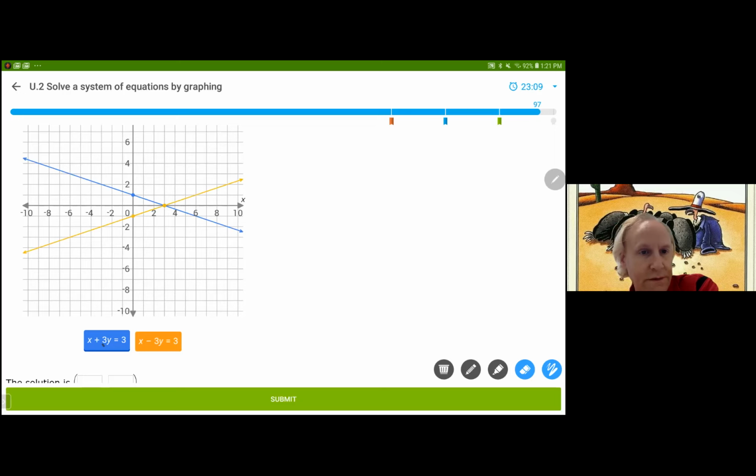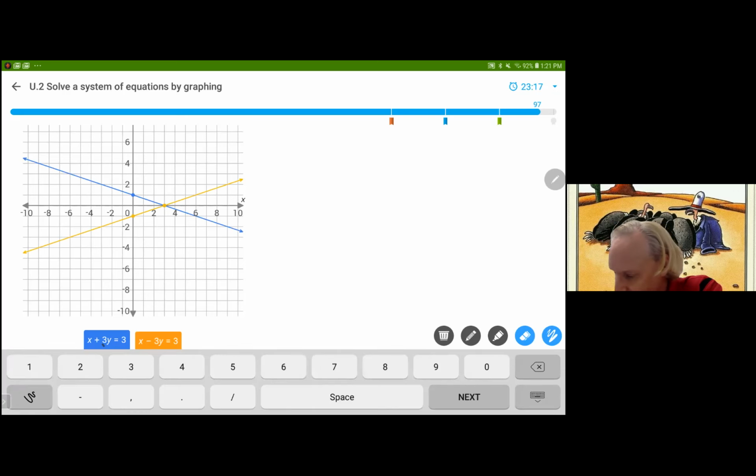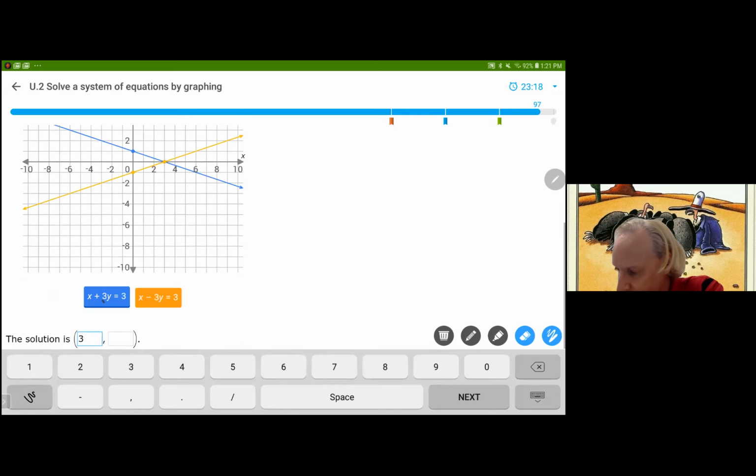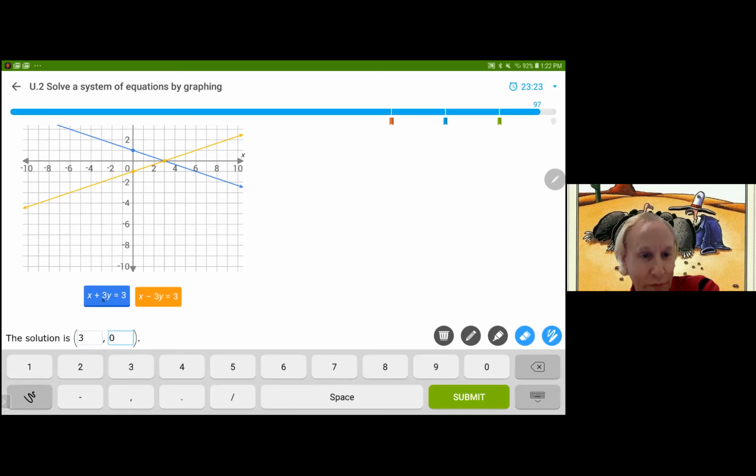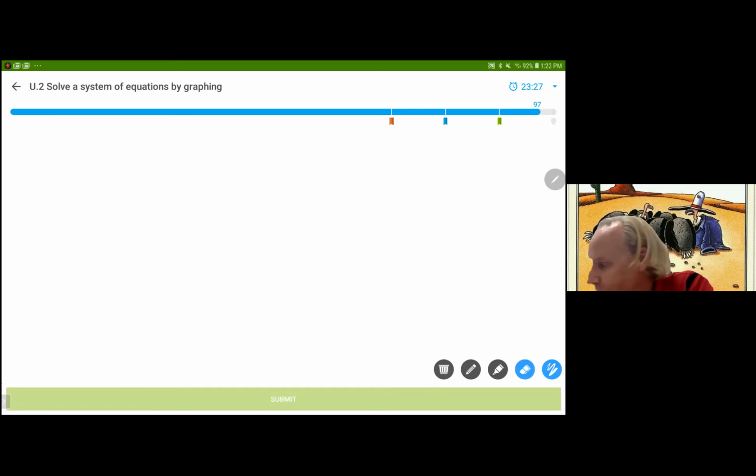And there's our solution. At x equal to 3, which 3, 0 makes them both true, doesn't it? And you can see that that's true. 3, 0. A really common mistake is to call this 0, 3. So clearly a good check would be in order there.